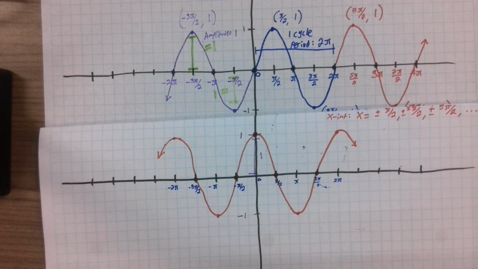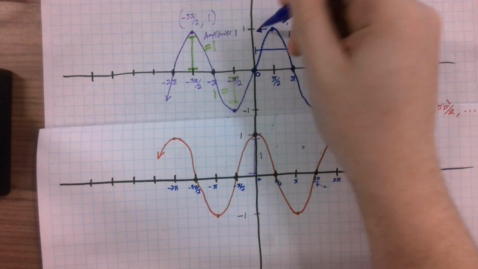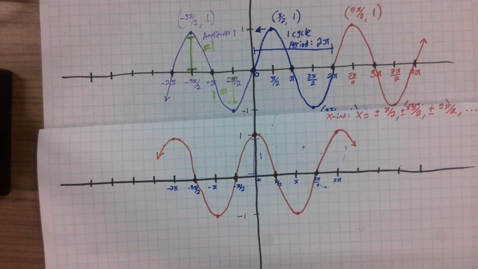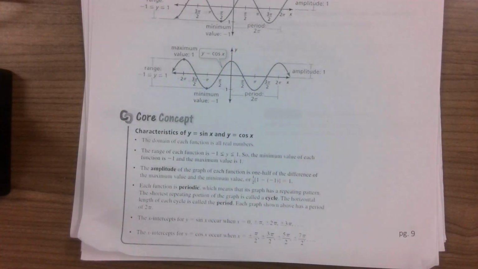What this means is, if you want to go from a graph of sine back to a graph of cosine, you just need to move your sine to the left, pi over 2. So that's something that's really important here. As we go back to the notes, we see that for sine and cosine, everything is the exact same. It's just that the x-intercepts will appear at different places. So let's flip the page and see what we can do with these.